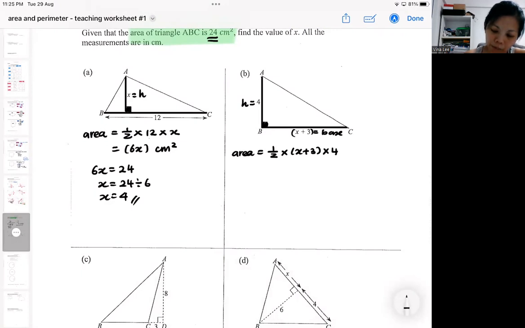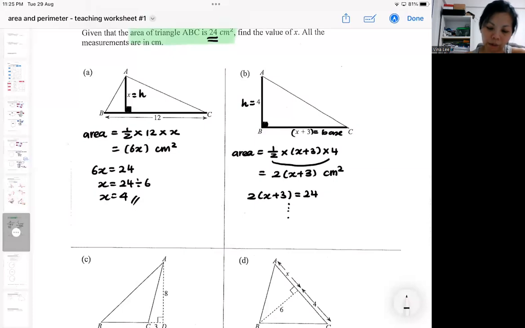You can multiply the numbers, which gives us a 2. The units will be centimeter square. Subsequently, this is the equation. Then you solve. Practice your algebra here.